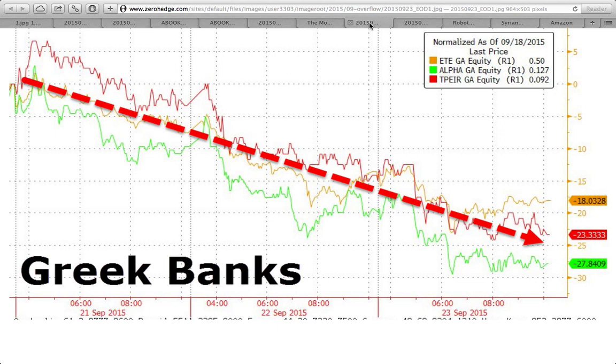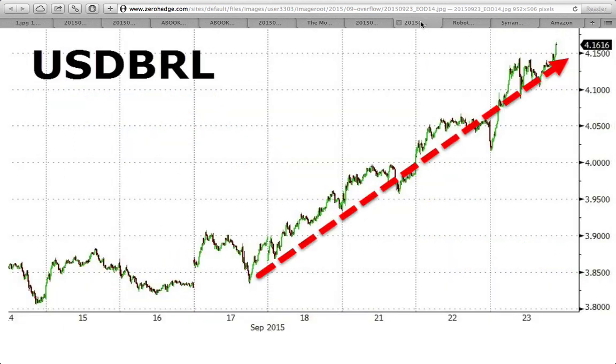These stocks should be at zero by now. This is nothing but profit. They're attempting to make a profit from the Greek banks. I believe that every single realistic investor has already bailed on these Greek banks. This is just so unrealistic to believe that anybody would have their money in here.